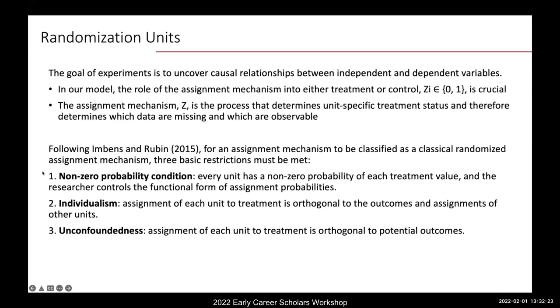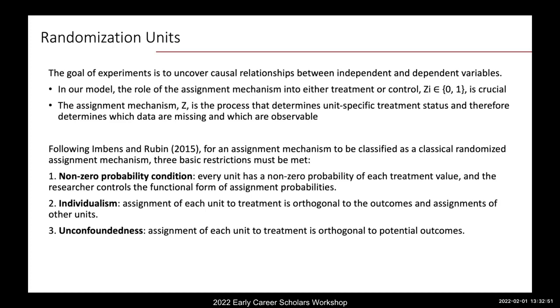Again, the non-zero probability condition: everybody has to be able to receive the treatment. Importantly, the researcher controls the functional form of assignment probabilities. So we can choose whether your probability of being in the treatment group is 50%, but that can also be something different depending on the power calculations that Jared talked about before.